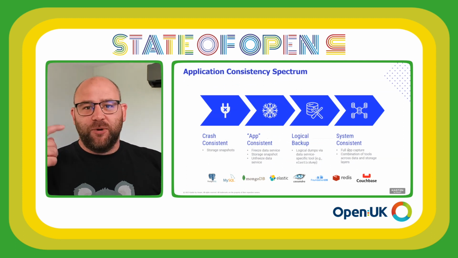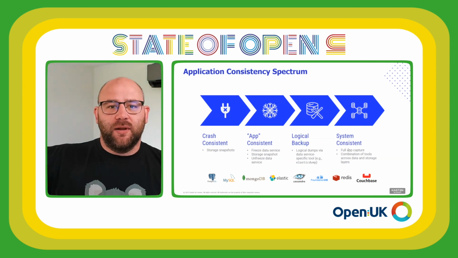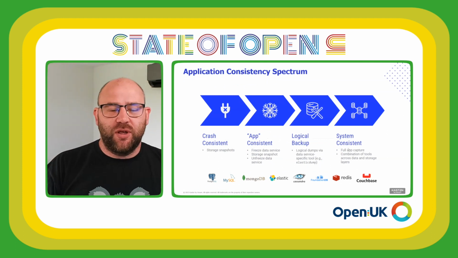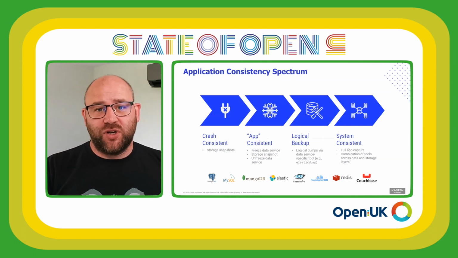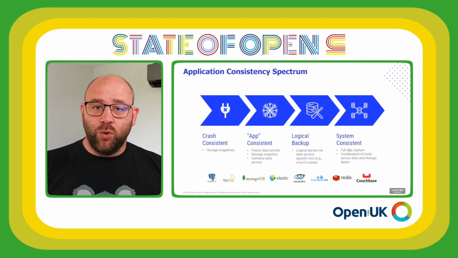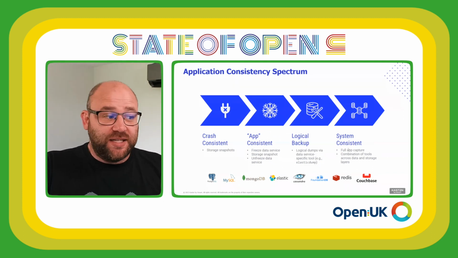So if you're in a production environment and transactions are hitting that database, and then the storage snapshot takes place halfway through one of those transactions or through many of those transactions, then it's not going to be very consistent. It's not going to be consistent at all. It's like pulling the power cable out of that database server, as it were.